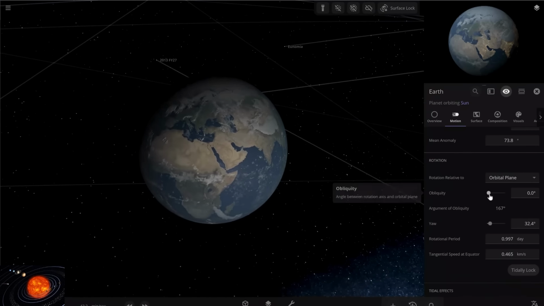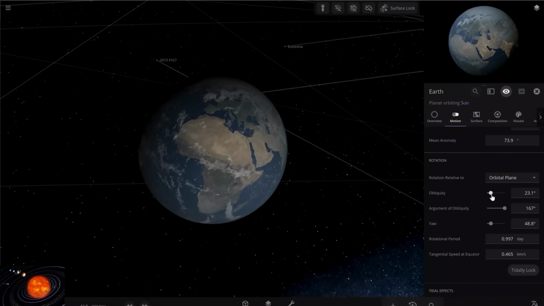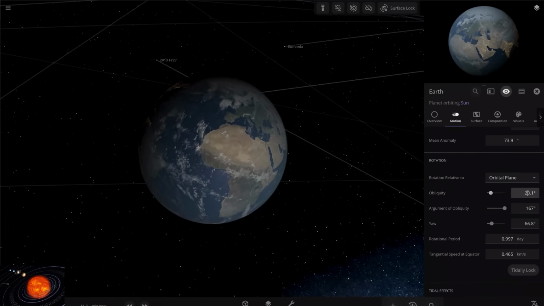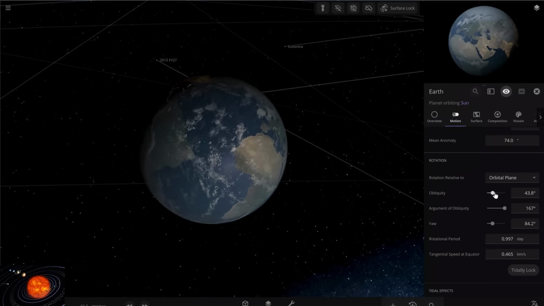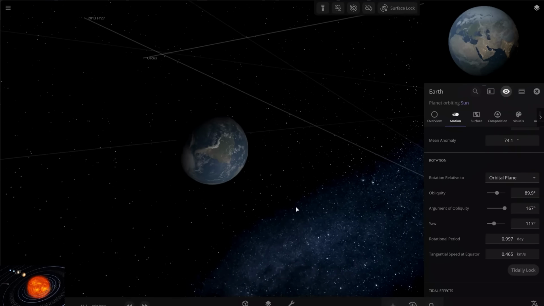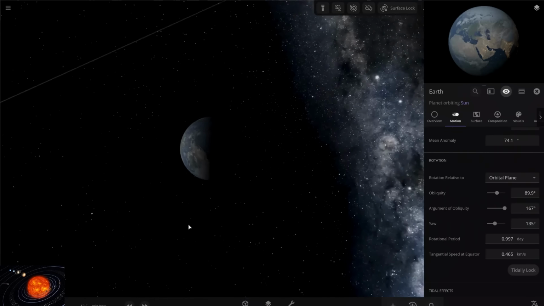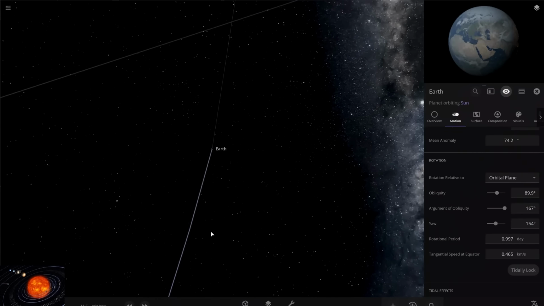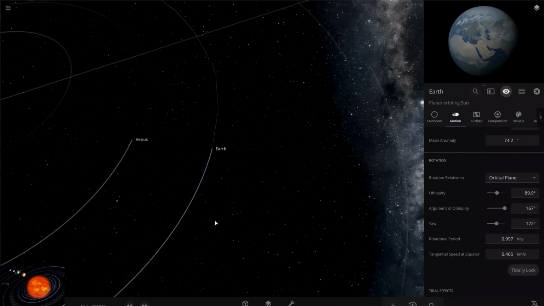But if I increase it, and you know the default is 23 degrees, I can even change it more, so the Earth is rotating like this, and the seasons for sure would be different from the seasons which we have right now on our Earth.